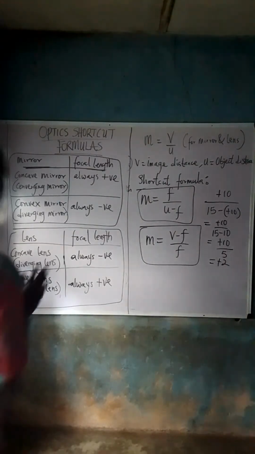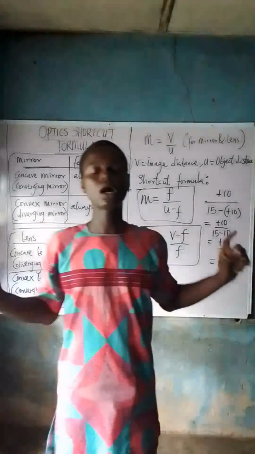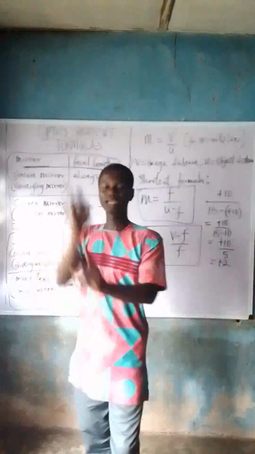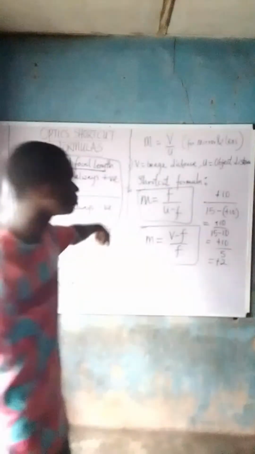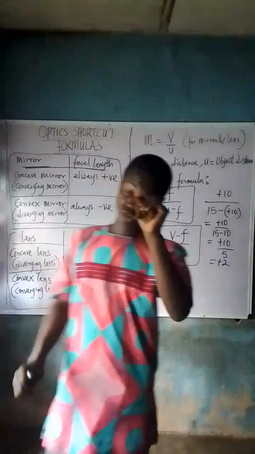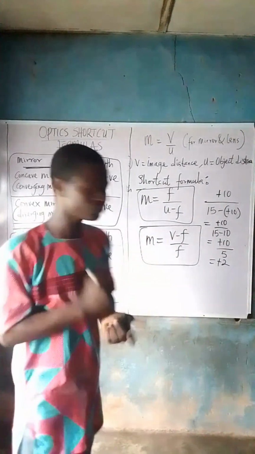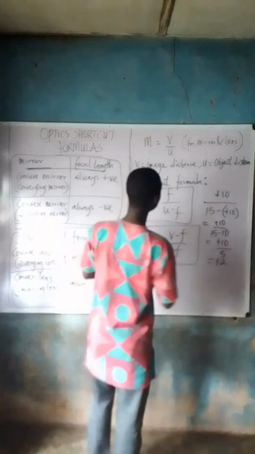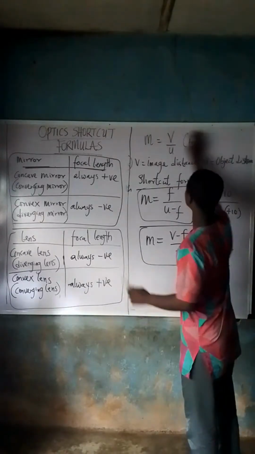So guys, this is what we have, basically for lens, mirrors, and then for magnification. Let me check. I think there should be something for, let's just add refractive index. We will do that on this side of the board.